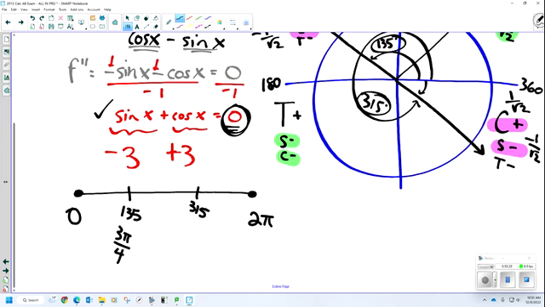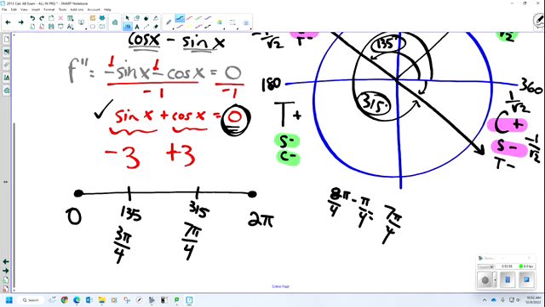And this is 2 pi minus pi over 4, which is 8 pi over 4 minus pi over 4, which will be 7 pi over 4. This is 7 pi over 4 here. They want it in radians, so that's what your answer is.